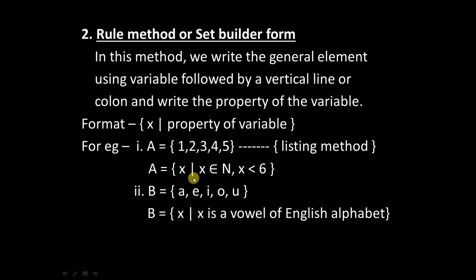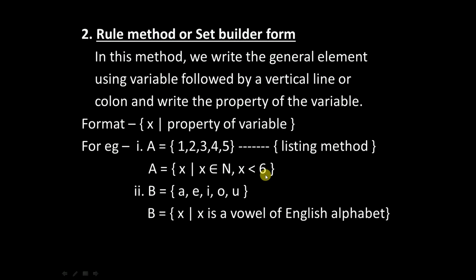This vertical line is read as "such that". So we read the entire statement as: A is a set of variable x such that x belongs to natural numbers and x is less than 6. Like this you can read this statement.